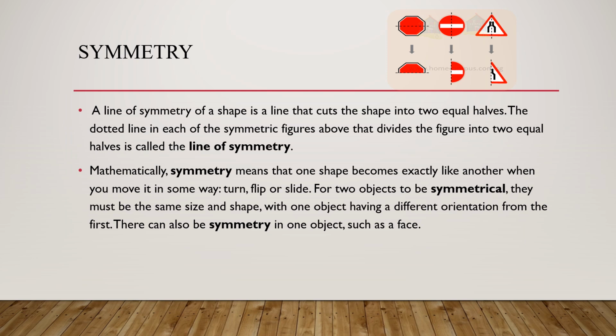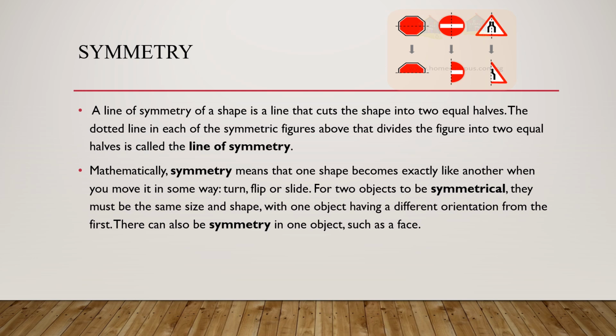Symmetry. A line of symmetry of a shape is a line that cuts the shape into two equal halves. The dotted line in each of the symmetric figures above that divides the figure into two equal halves is called the line of symmetry. Look at the figure.